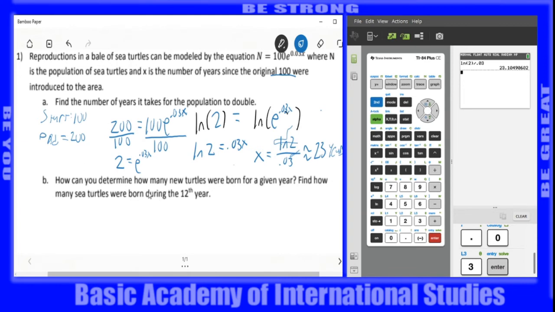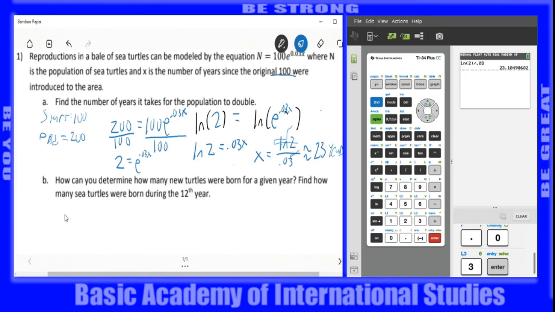Now this next part asks how many turtles were born in a given year. Now this might seem difficult at first, but the reality is if we know how many turtles exist in one particular year, to find out how many turtles were born in that year, we just need to subtract how many turtles already existed the previous year.